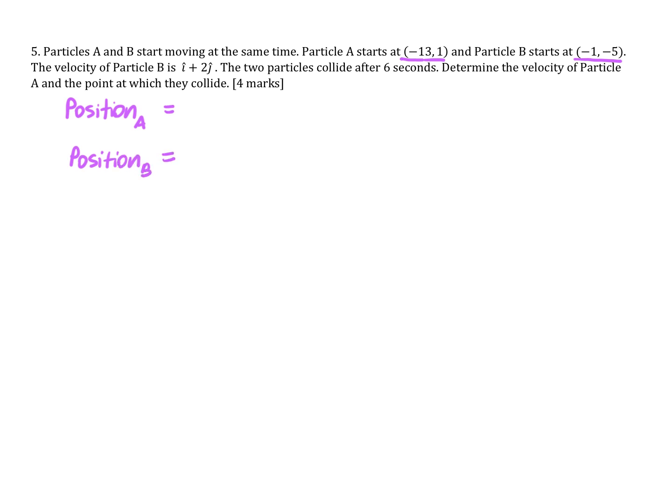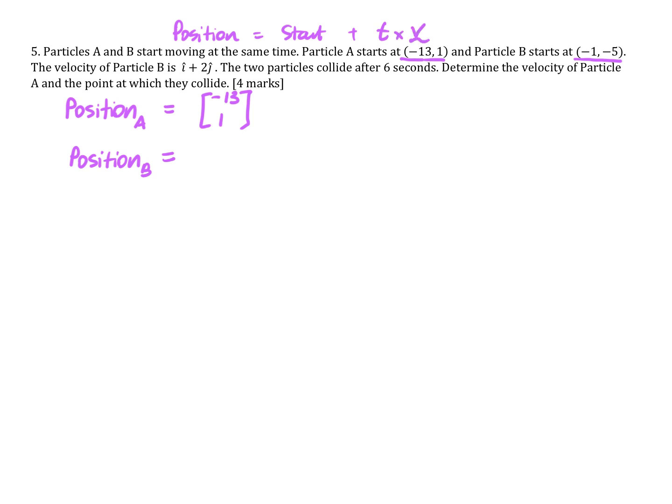I know particle A starts at (-13, 1), so I'm going to put that there. Remember our formula? Position equals its starting point plus t lots of its velocity vector.